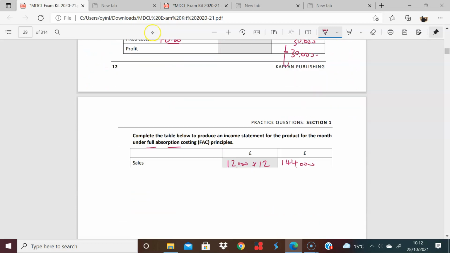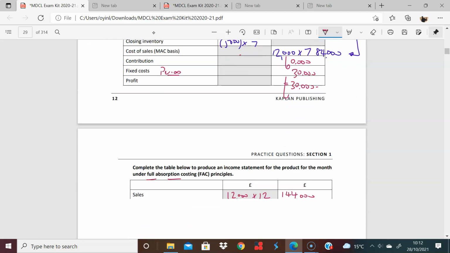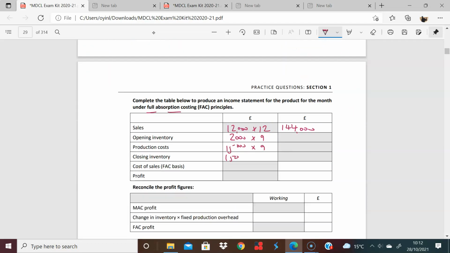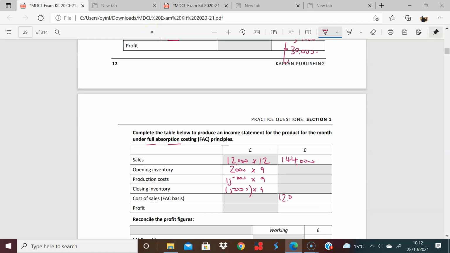So what do we start off with? We start off with 2 times 9, and then we have the 15 times 9, and then of course we take off the 5 times 9. That's kind of the point here. And when we do this, in effect, we have the same argument, which is really 12,000 times 9, don't we?